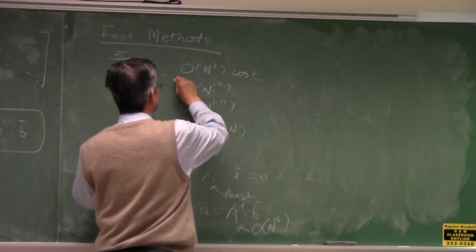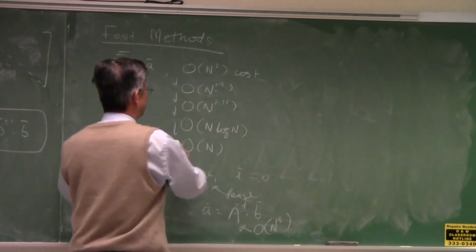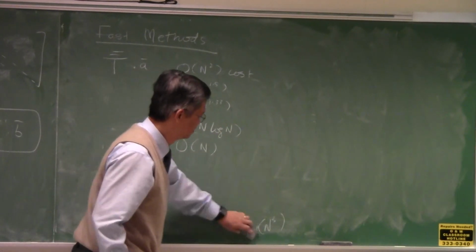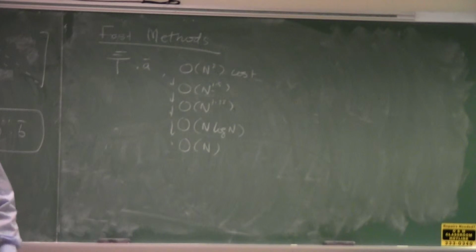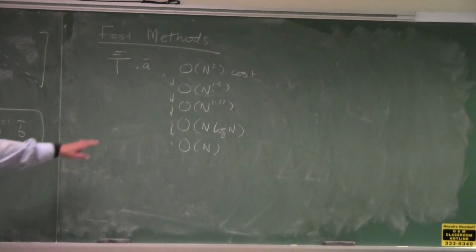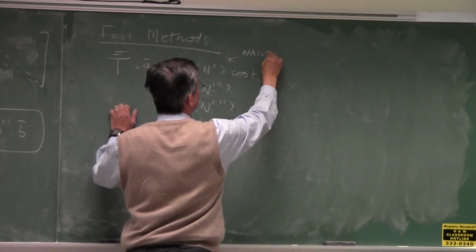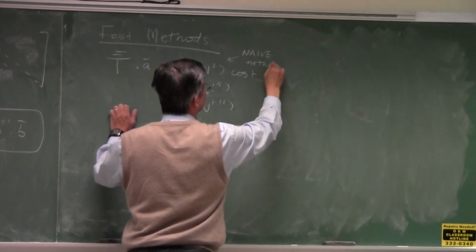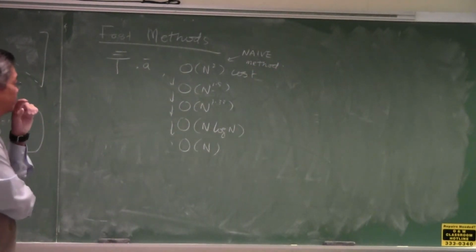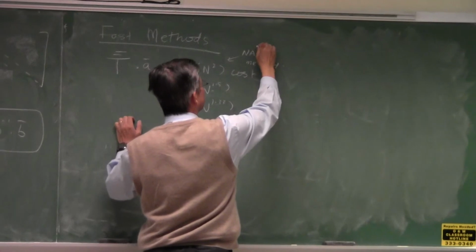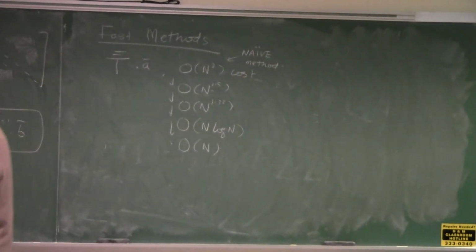How can we keep reducing this cost? That's the essence of the fast method. And once you have figured out how to reduce this cost, then you can solve this problem many, many times faster than the naive method.